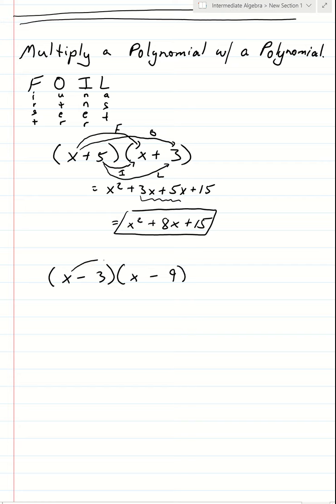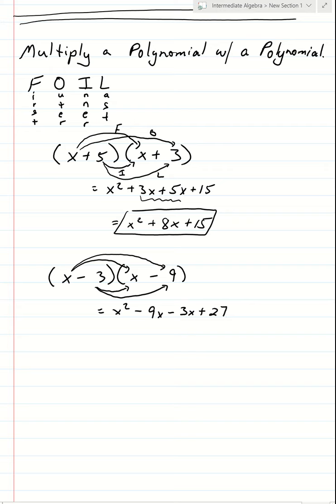I'm going to multiply x times x. That, of course, would give us x squared. X also has to get multiplied with the negative 9, and that would give us a negative 9x. I can't multiply the x with anything else, so now I have to go and multiply the negative 3 times the x. That would give us a negative 3x, and then negative 3 times the negative 9 would give us a plus 27.